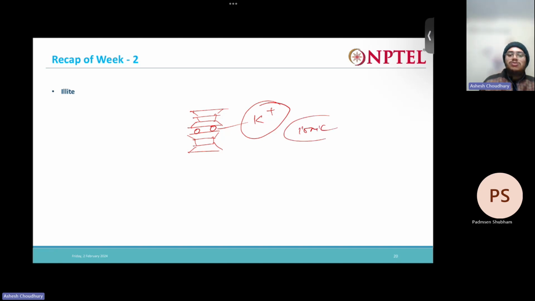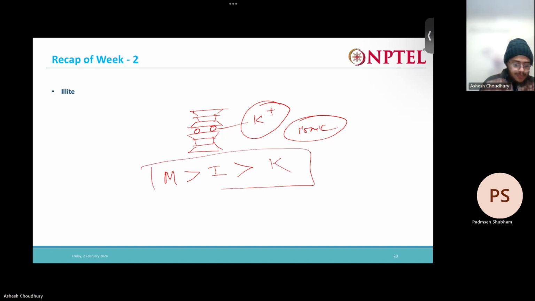So the clay formed from illite swells lesser. Montmorillonite will have the highest liquid limit, then illite, then kaolinite. So this will be the arrangement.